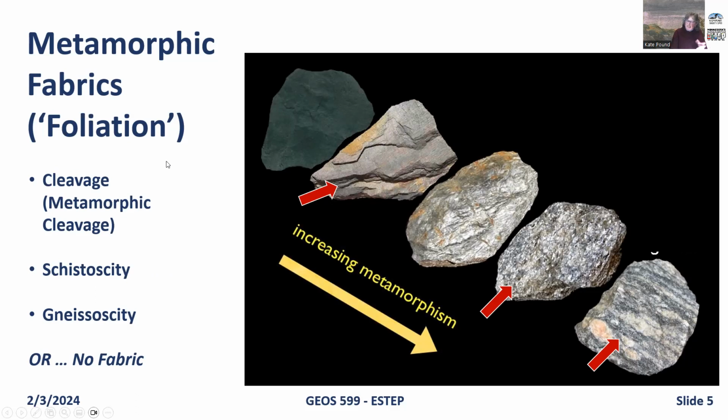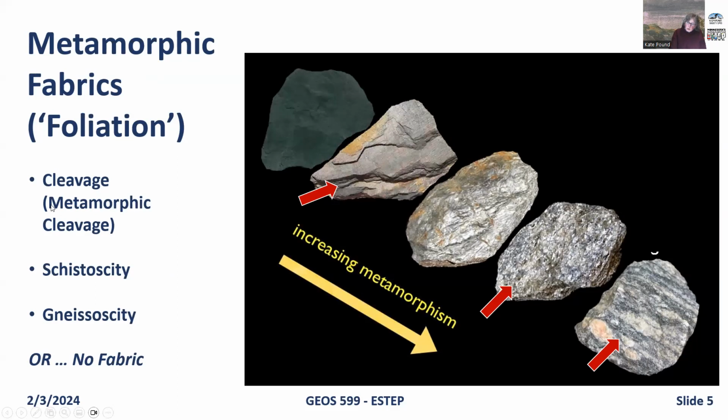I'm not so keen on that because I think foliation implies more of a distinct breaking, kind of like the word cleavage. So you encountered the word cleavage when we looked at minerals. Now we're thinking about the word cleavage in terms of a metamorphic fabric. So that's a different thing to the use of the word cleavage in minerals.